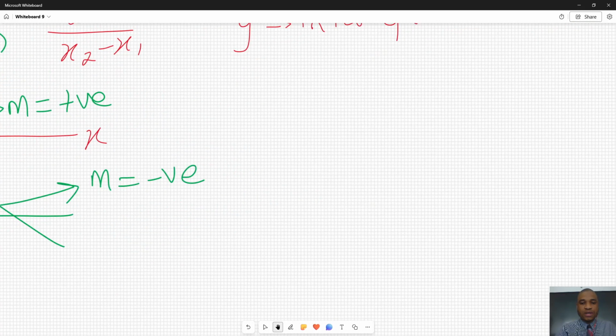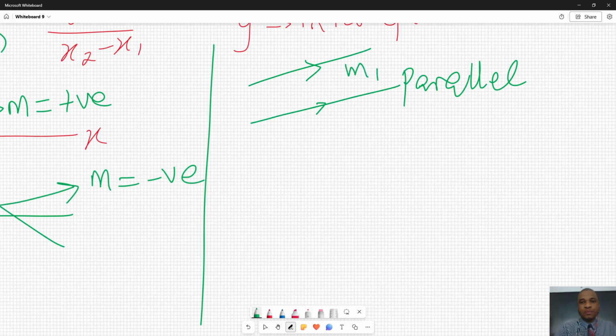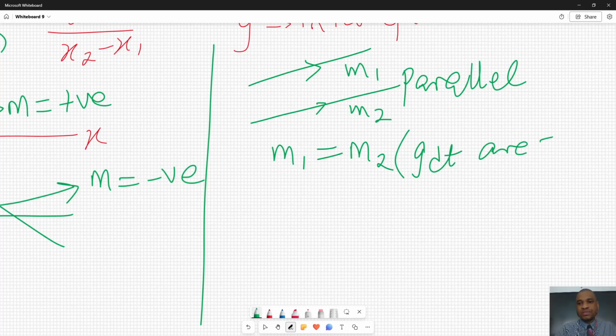Then we're moving on. We can have two types of gradient relationships. If I have lines like this, these are parallel lines, with gradients M1 and M2. For parallel lines, M1 is equal to M2, so the gradients are the same.